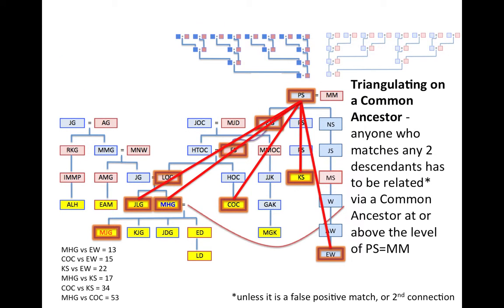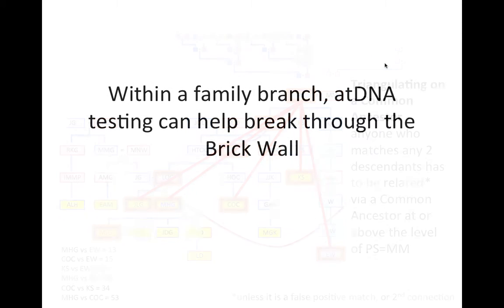And like I say, any two descendants have to be related via a common ancestor at or above the level of Patrick Spierin and Mary Morgan, and that could be either on the Spearin side of the family, which is this family tree up here, or on the Morgan side of the family, which is this family tree up here.